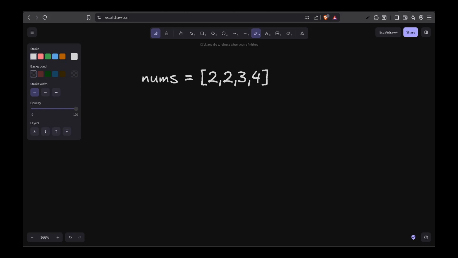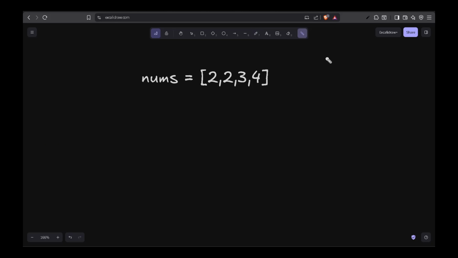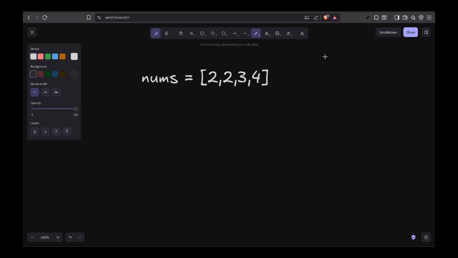This is an example test case, and basically we'll have to pick three numbers. Let's say we pick 2, 3 and 4. We have to make sure that 2, 3 and 4 are the valid sides of a triangle, right? How do we do that? The basic condition for a valid triangle, we all know from school, is that the sum of any two sides must be greater than the third side, right?